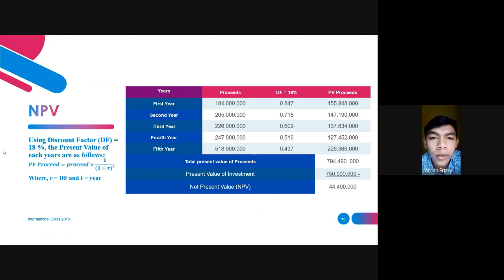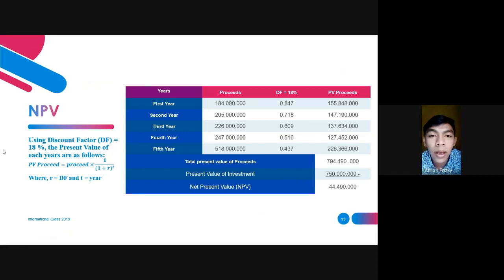So we get the total present value of proceeds is 794 million and 490,000 rupiah. Then the present value of investment, from the given information, we know that the present value of investment is 750 million rupiah.